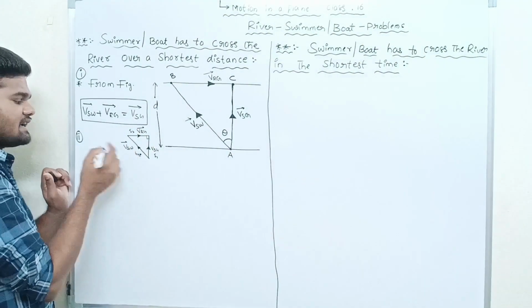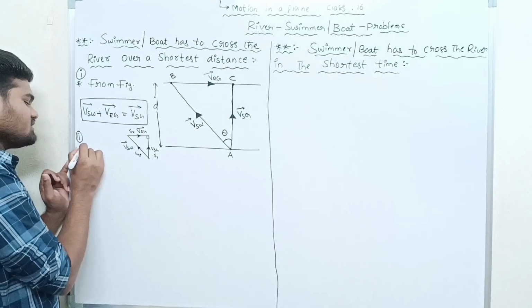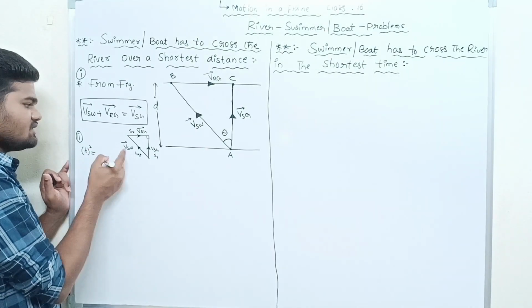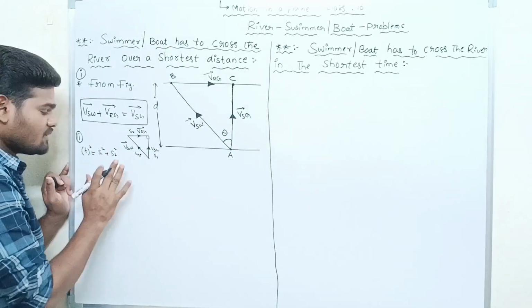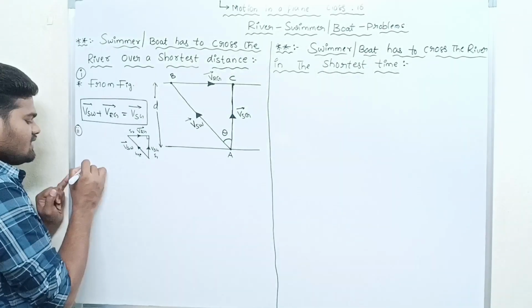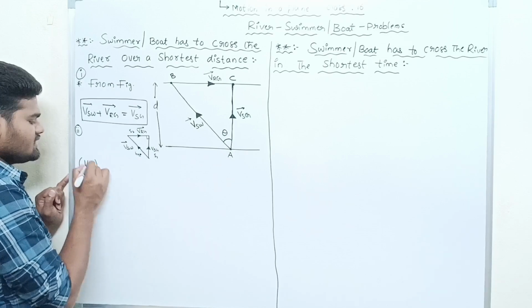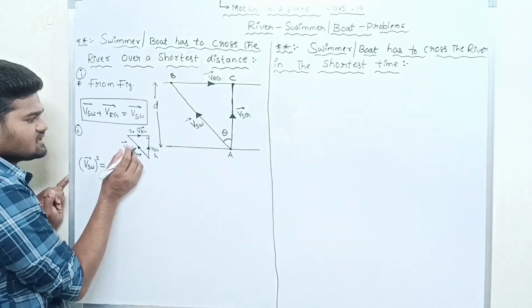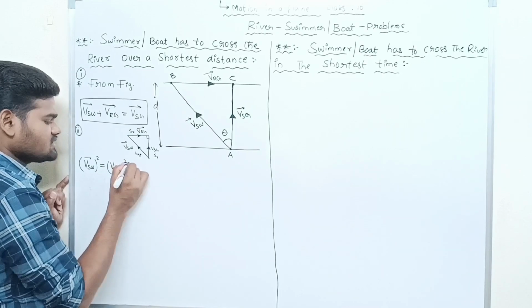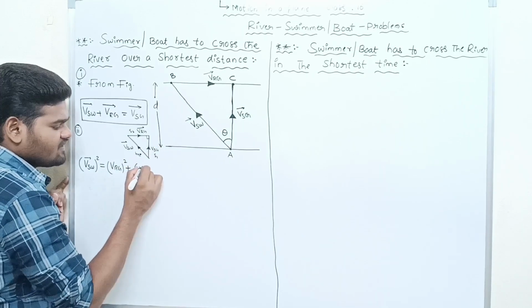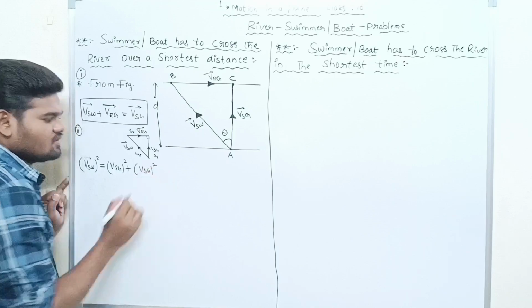From this right angle triangle, we can write the Pythagoras theorem: hypotenuse square is equal to side 1 square plus side 2 square. So velocity of swimmer with respect to water whole square is equal to velocity of river with respect to ground whole square plus velocity of swimmer with respect to ground whole square.